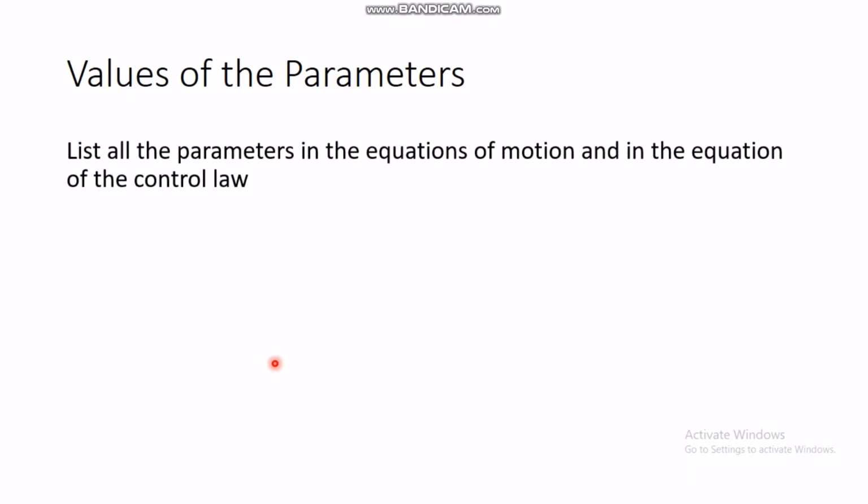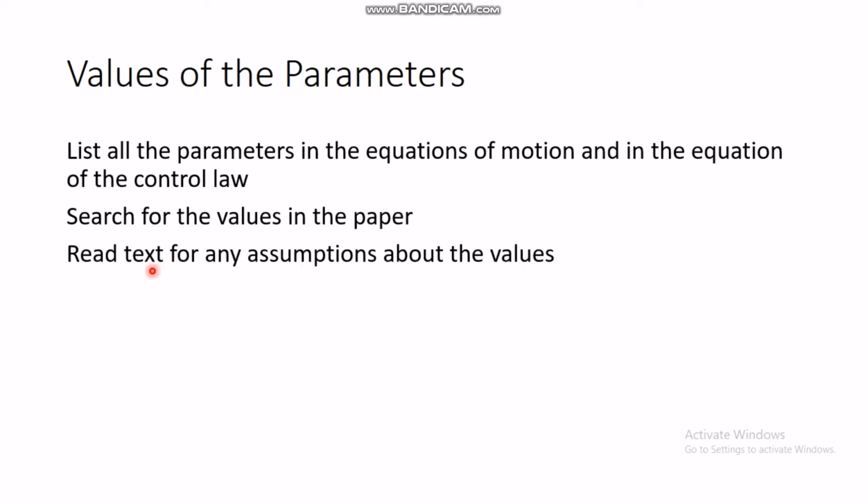In terms of the parameter values, it is a good practice to list down all the parameters in the equations of motion and in the equations of the control law, then search for the values of those parameters in the paper, and read the text of the paper regarding any assumptions about the values of the parameters.